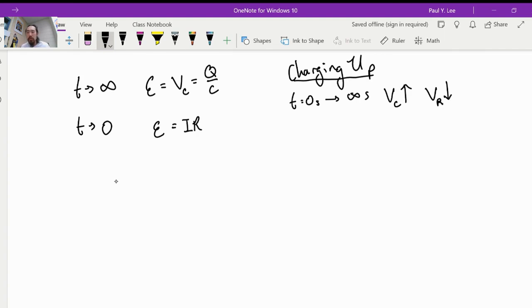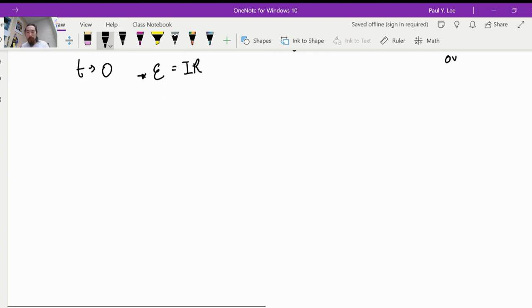Okay, and at the two extremes, the capacitor will reach a voltage of the EMF source, and at the other extreme, the voltage of the resistor will reach a voltage of 0 volts. Okay, so that's a very important distinction because in the next video we're going to do a discharge, and the discharge has the opposite. All right, so we're going to try to come up with another formula that resembles a lot like that, but because those are the two extremes, we want to see what happens in the middle.